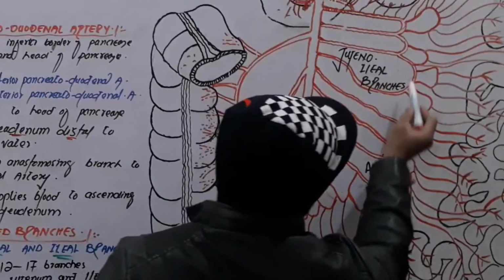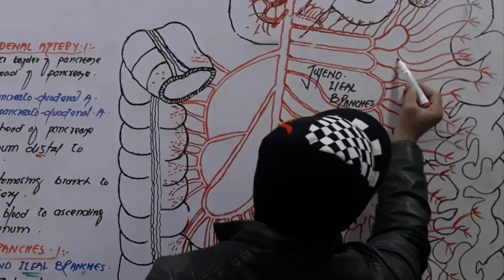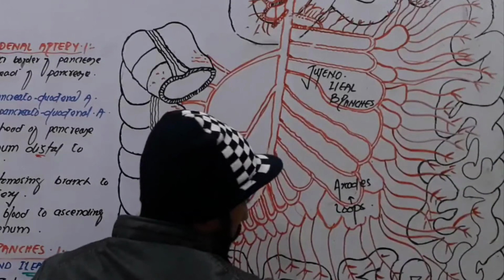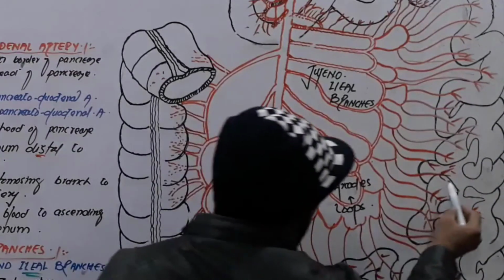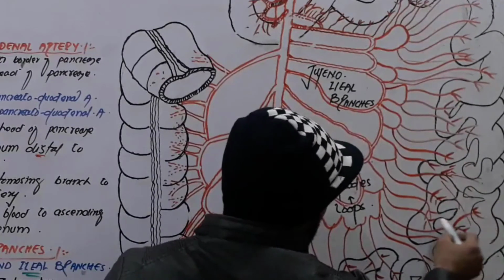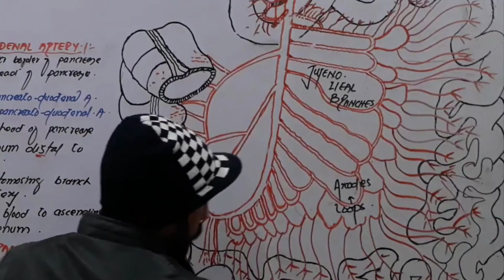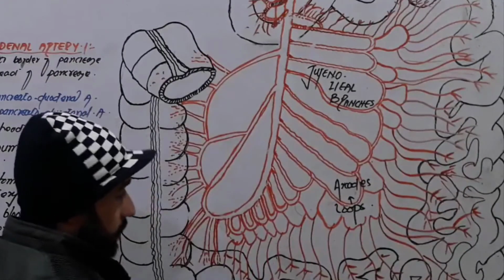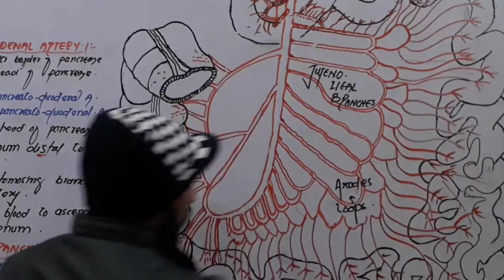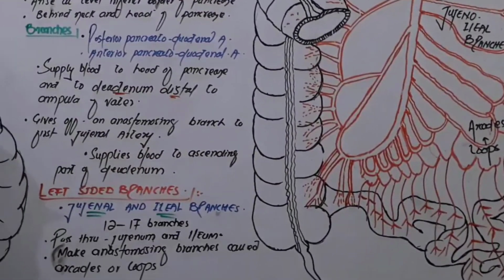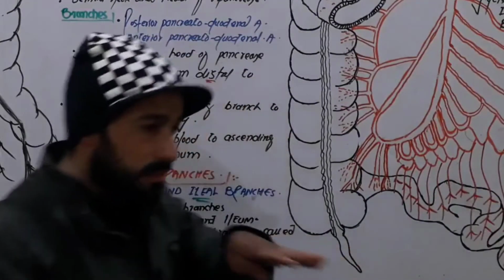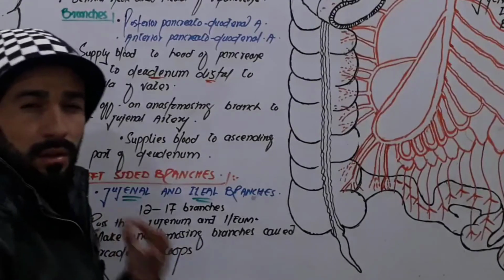Then from these arcades or loops, you can see these branches are going directly and attaching towards the jejunum and ileum, towards the small intestine, and enter the tissues of the small intestine. So these branches which arise from these arcades are called the straight arteries, or our book says that these are called the vasa recta. Recta means straight, vasa means vessels.